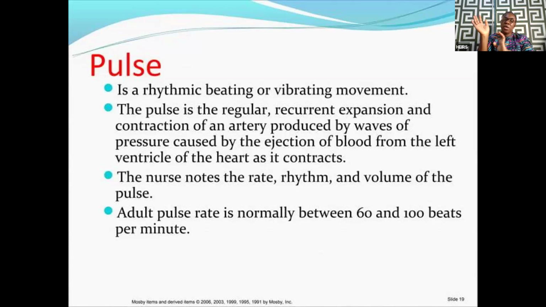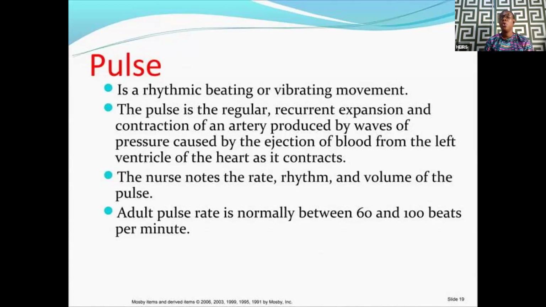Most times we use the radial pulse on this side and on this side. So the pulse is a rhythmic beating or vibrating movement. A normal pulse should be regular. It's like a recurrent expansion and contraction of the artery that is produced by pressure caused by ejection of blood from the ventricles of the heart as it contracts.